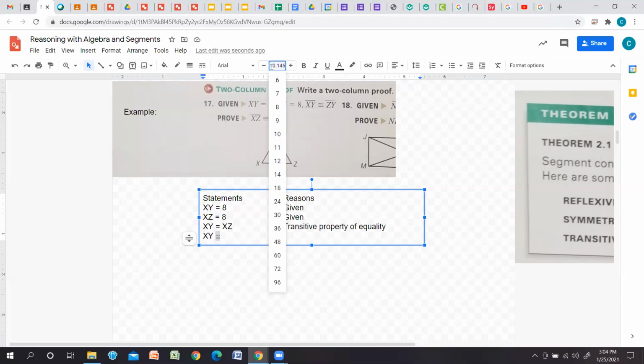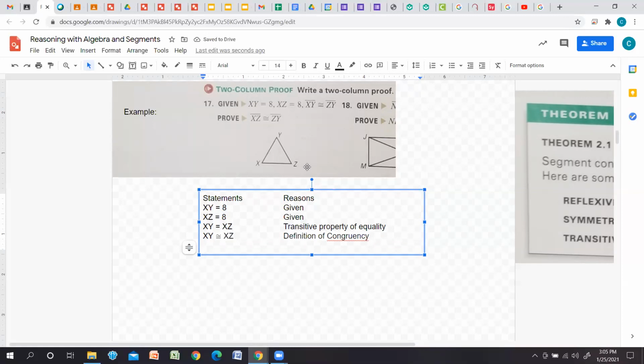There we go. So XY and XZ are congruent, and that's the definition of congruency, right?